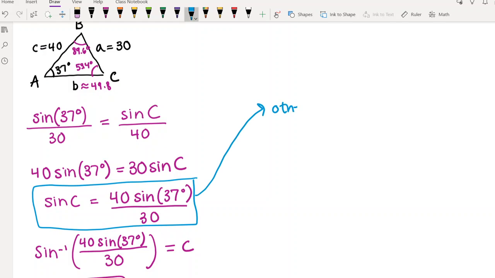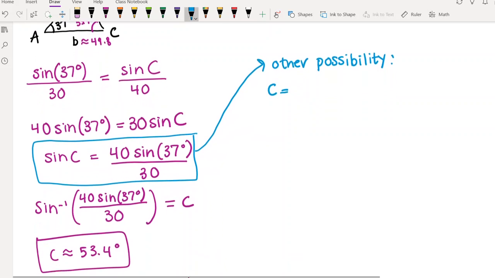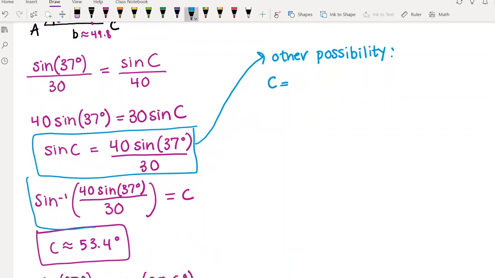So the other possibility is that C is not equal to inverse sine, and maybe I should bubble this one here too, because it's really both of these facts together. So the other possibility is that C is not equal to all of this thing. It's equal to 180 minus whatever you got from that. So inverse sine of 40 times sine of 37 divided by 30.